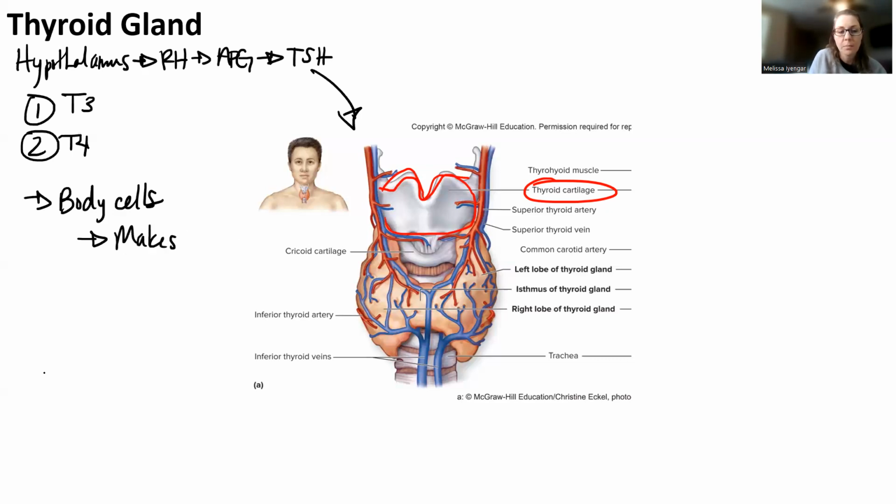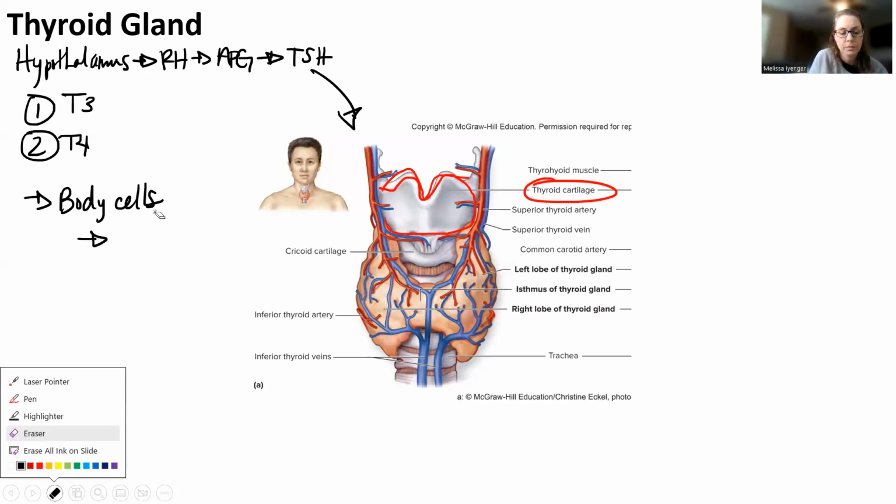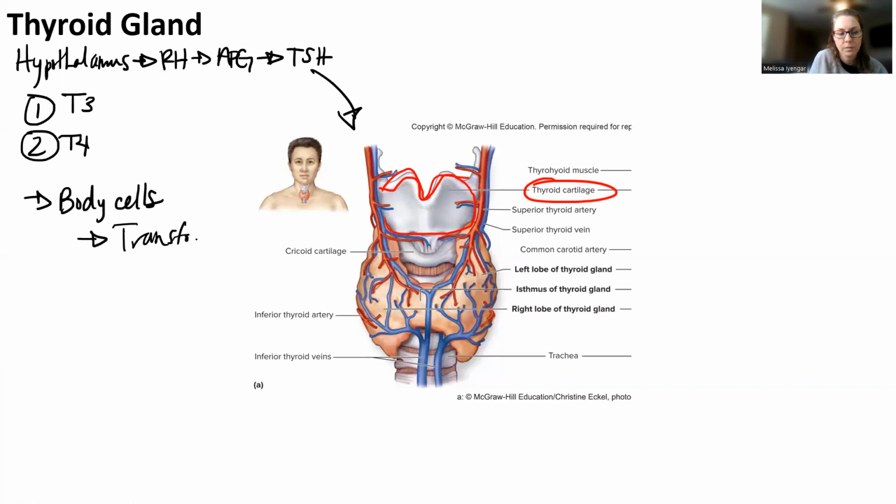So it's going to make our body cells make energy faster. So essentially that's what T3 and T4 are doing.